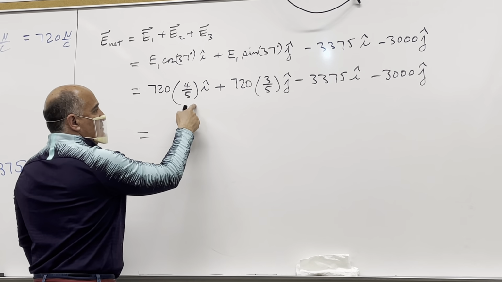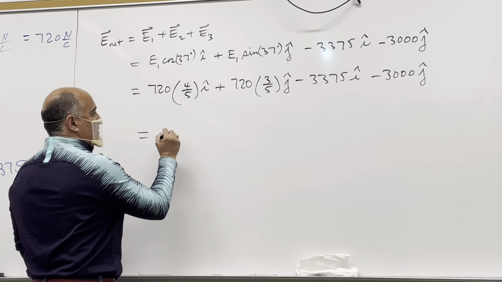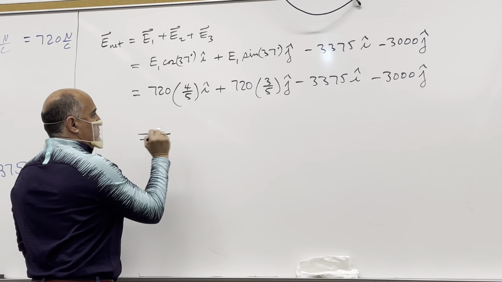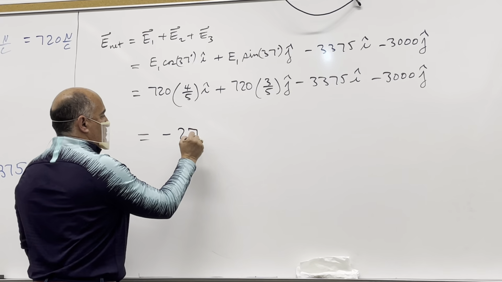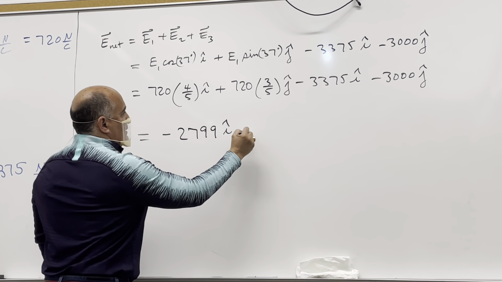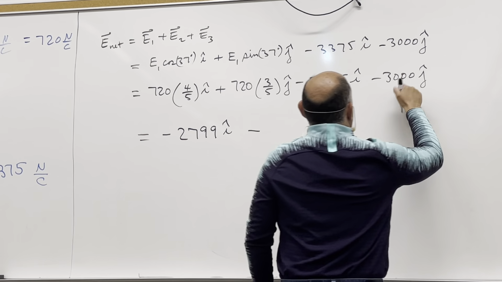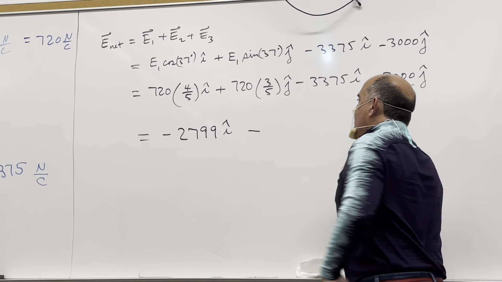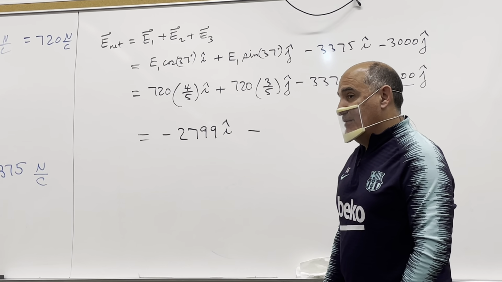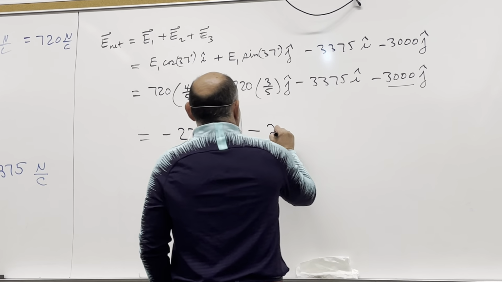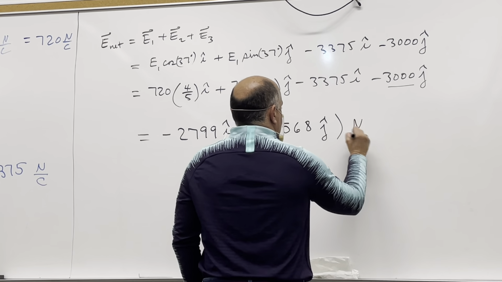And then minus 3375 is going to give me, oh sorry, 2799. Agree? Yeah. And then we're also going to have a negative, right? So 3,000 minus whatever that is. 2568. Yeah. All right, so this is the electric field net.